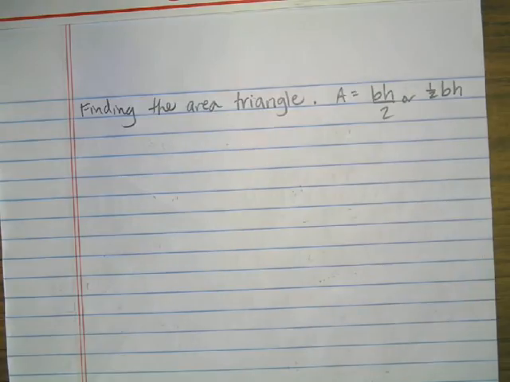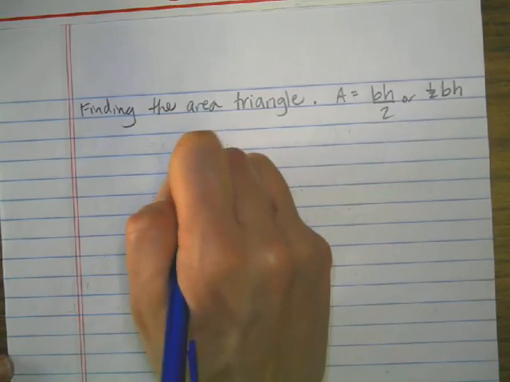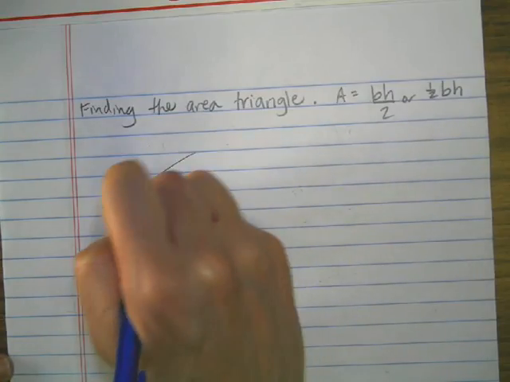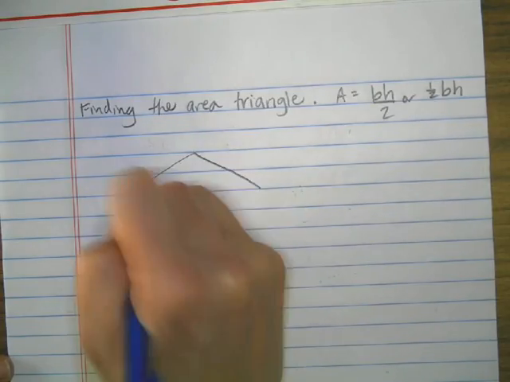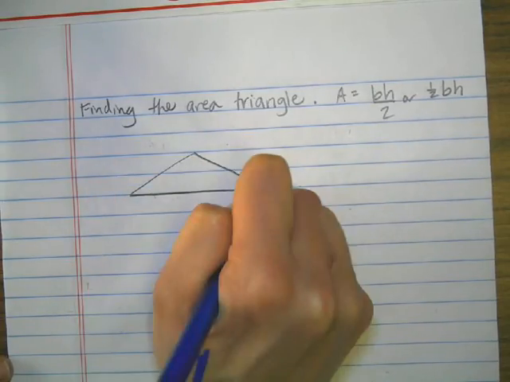Okay? Now, here we have a base, but we don't have a height. The easiest way to find a height is to drop down an altitude.